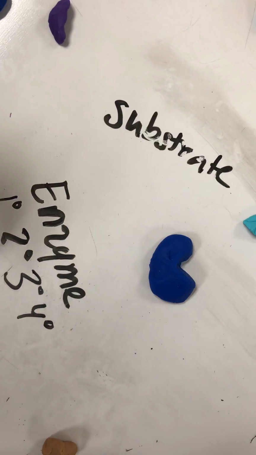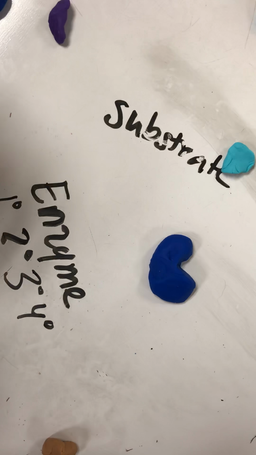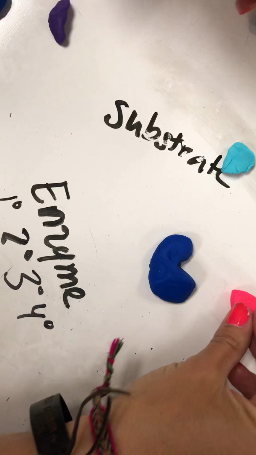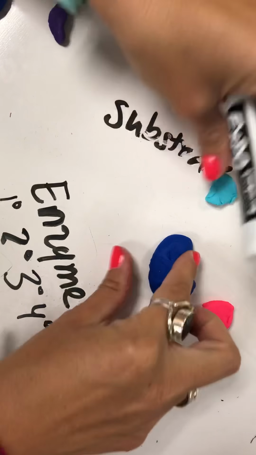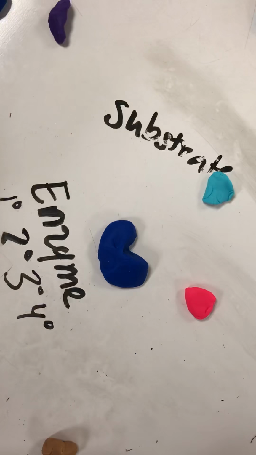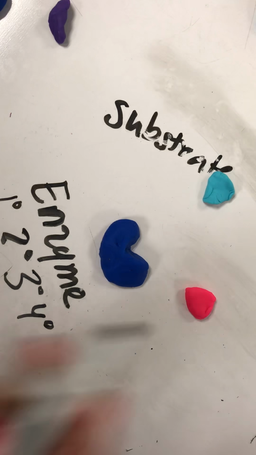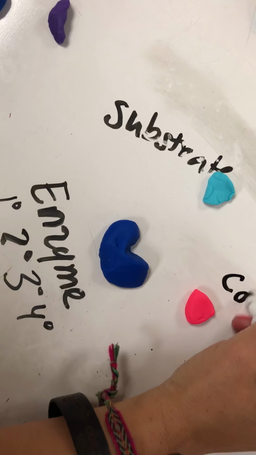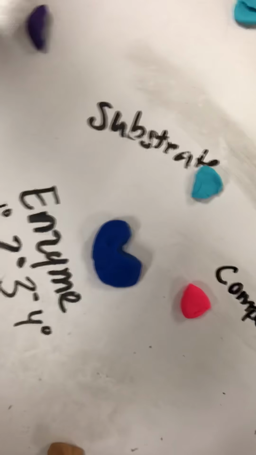So let's take this enzyme, and if I have a substrate, sometimes the enzyme can be exposed to an inhibitor. So this pink thing is going to represent an inhibitor. Now, inhibitors can work in two ways. An inhibitor, if it fits, is a competitive inhibitor.